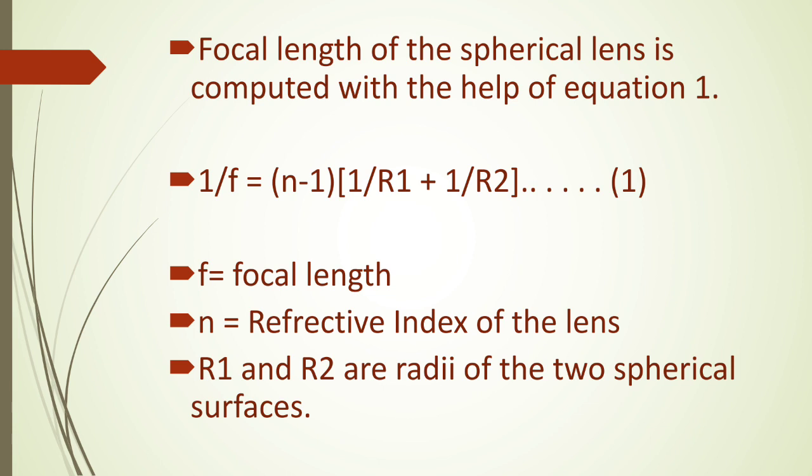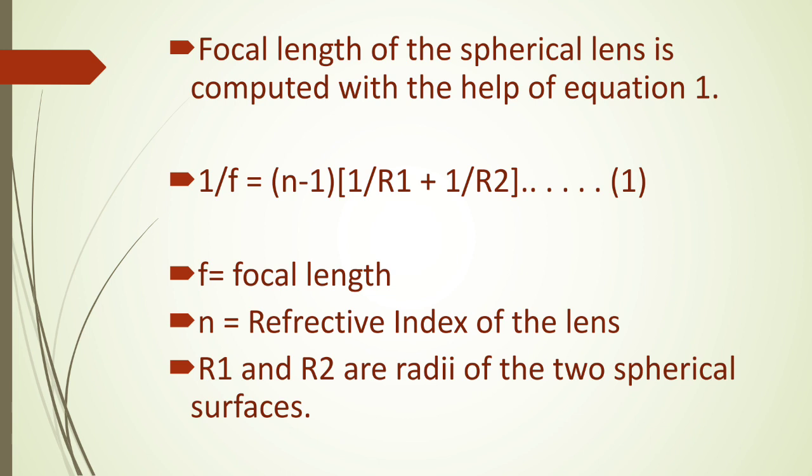where f in equation number 1 represents the focal length of the spherical lens, n represents the refractive index of the material of the spherical lens, and the spherical lens is made of glass. And we know the refractive index of the glass.